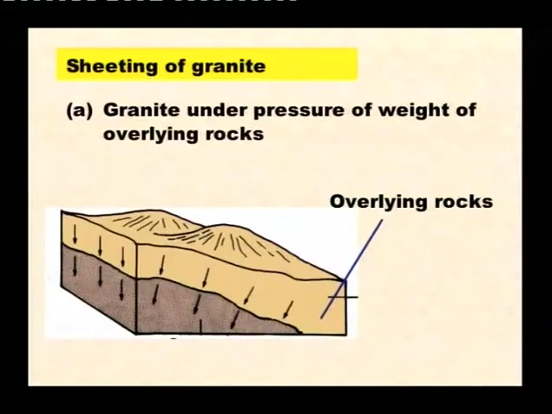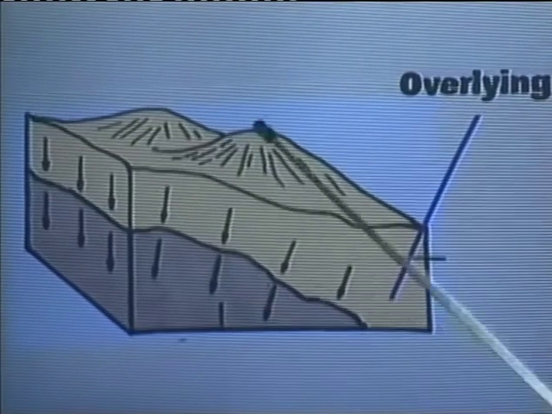Okay, we looked at an example, and the example there showed us the rock granite. We all know from what we have covered already on volcanicity and rocks that granite is an intrusive igneous rock formed under the surface. If we look at this gray color here, the arrows indicate the pressure which is exerted on the granite under the surface.